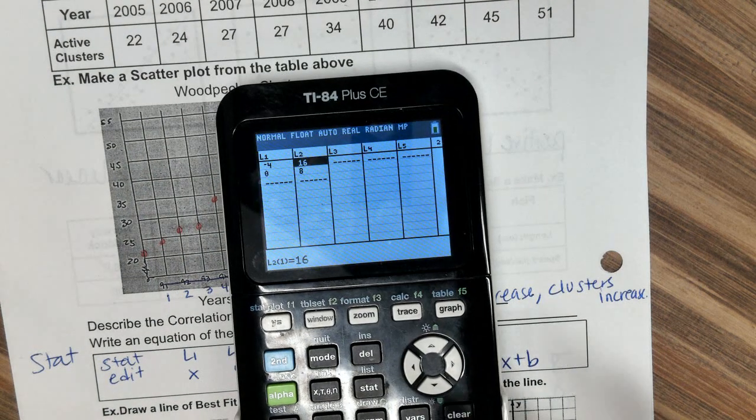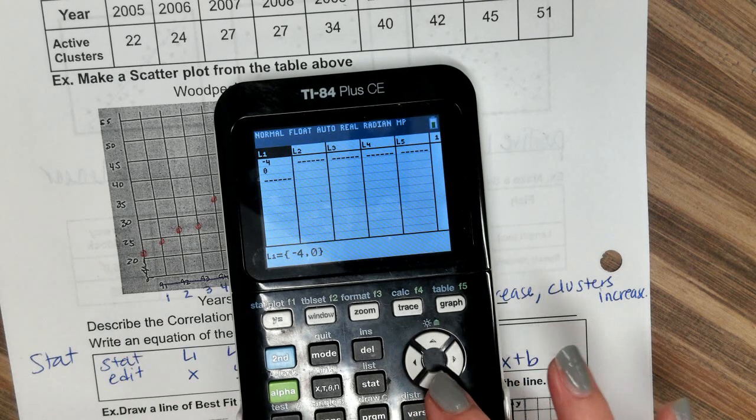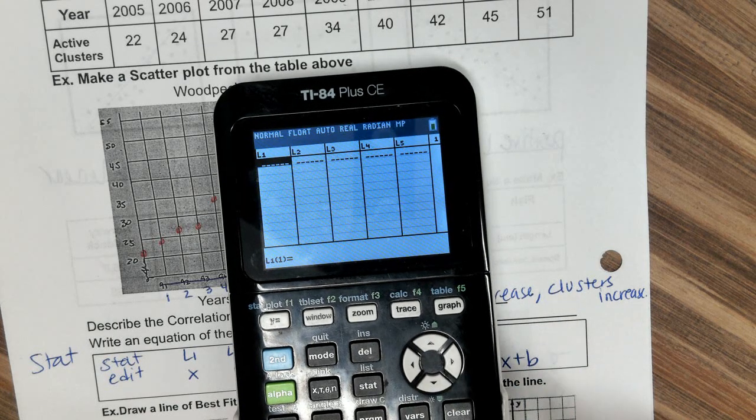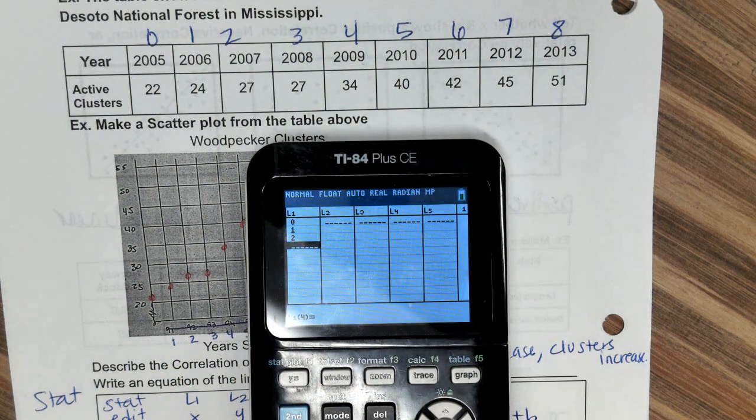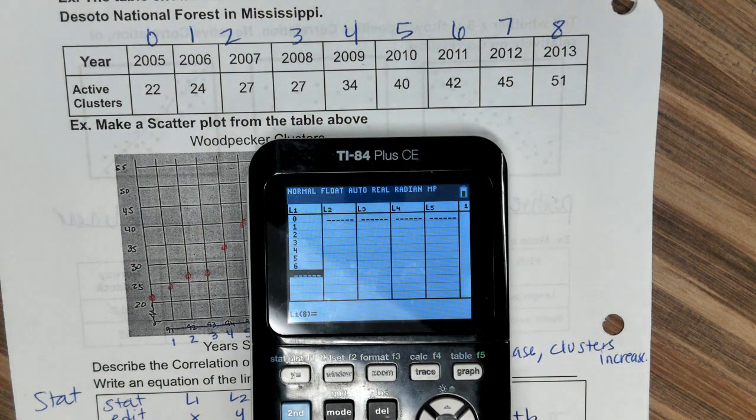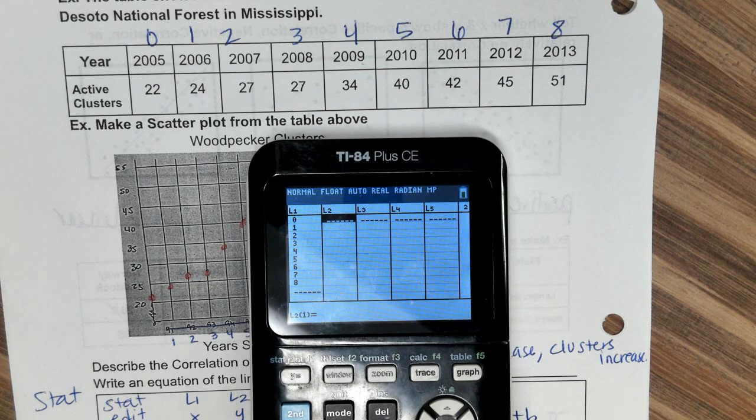Okay, so let's go put this data in. So go to STAT Edit, clear everything out. For your L1s, you're going to put in your 0 through 8. So 0, 1, 2, 3, 4, 5, 6, 7, 8.